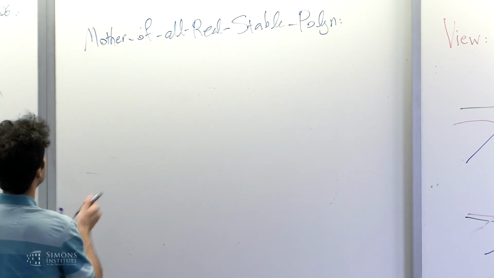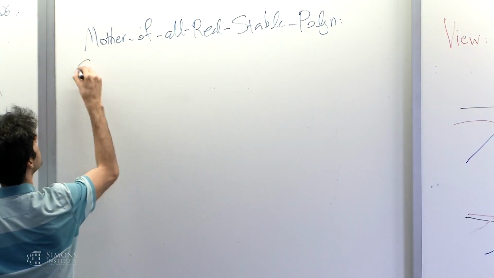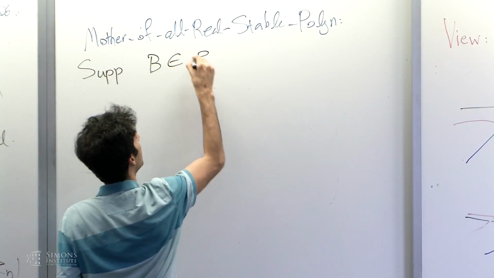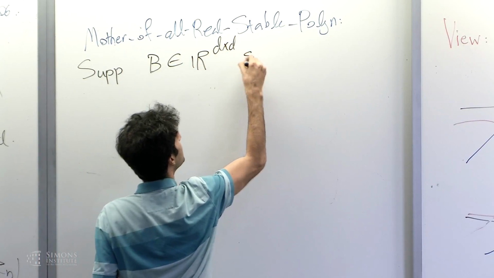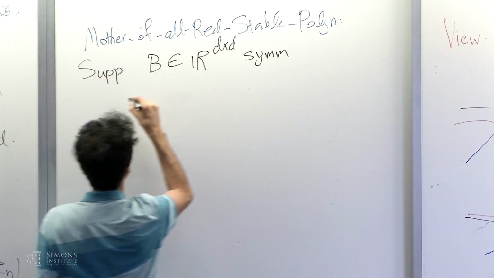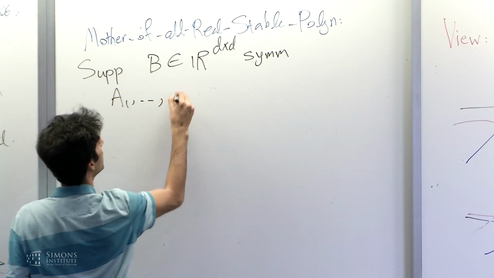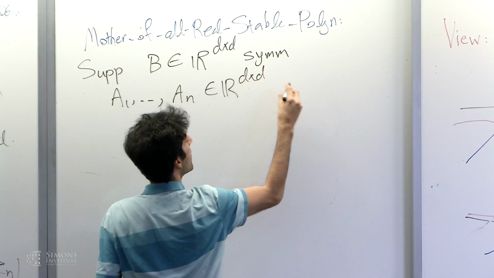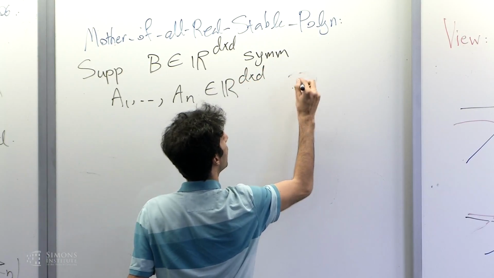So suppose B is a d by d symmetric matrix, and A1 up to An are d by d PSD matrices.